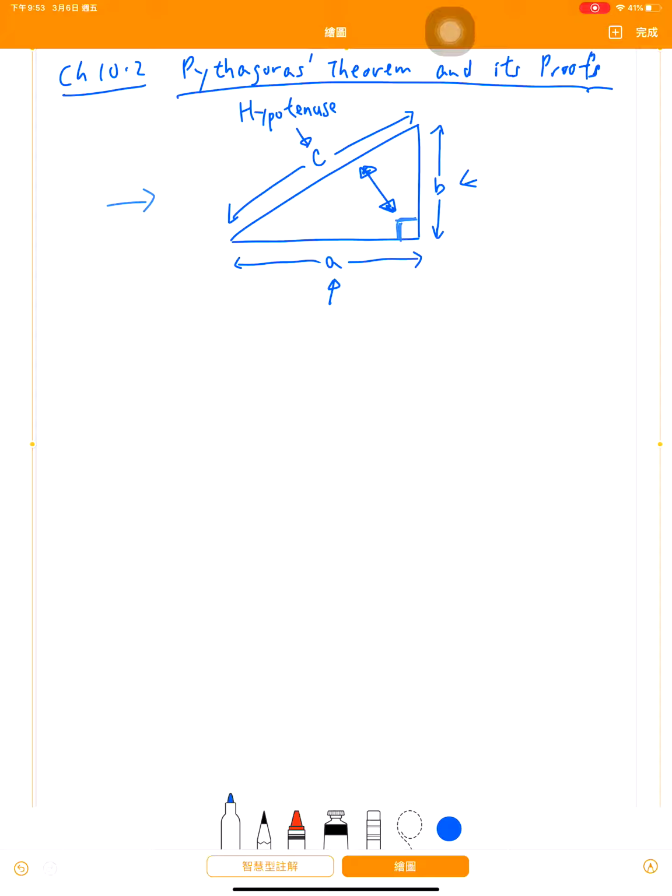So what does the Pythagoras theorem tell? It tells that the c square, the square of the longest length, will be equal to the sum of the squares of the other two lengths. That is a square plus b square. Understand?